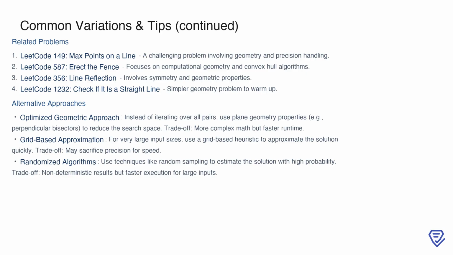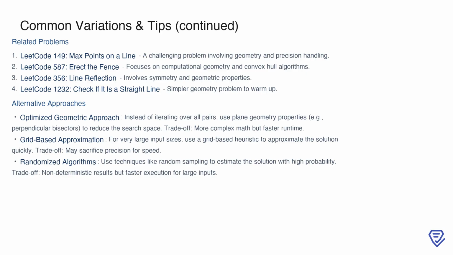Beyond the standard approach, there are also alternative methods to consider. An optimized geometric approach, for instance, leverages properties like perpendicular bisectors to reduce the search space. While this can speed up the solution, it does involve more complex mathematics. For very large datasets, a grid-based approximation might be useful.